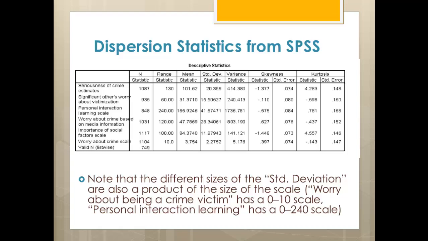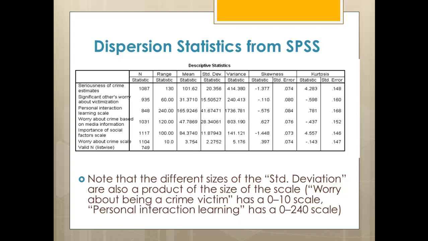When you look at significant others worry about victimization, the mean is 31.3710, but the standard deviation here is 15 points. That means the typical distance that any score is from the mean is 15 points, either above or below.